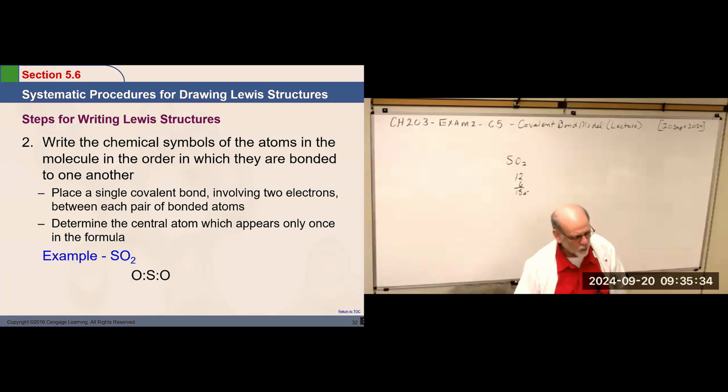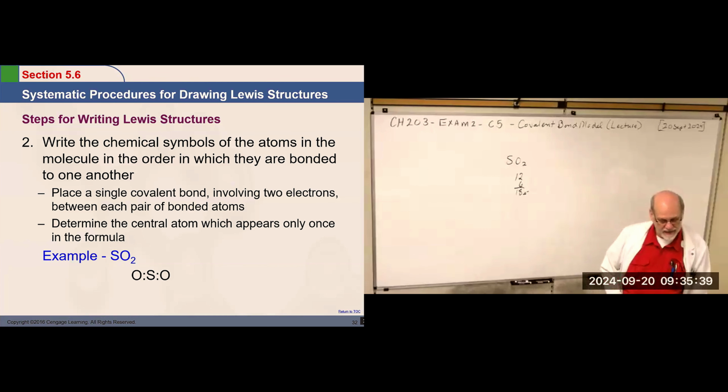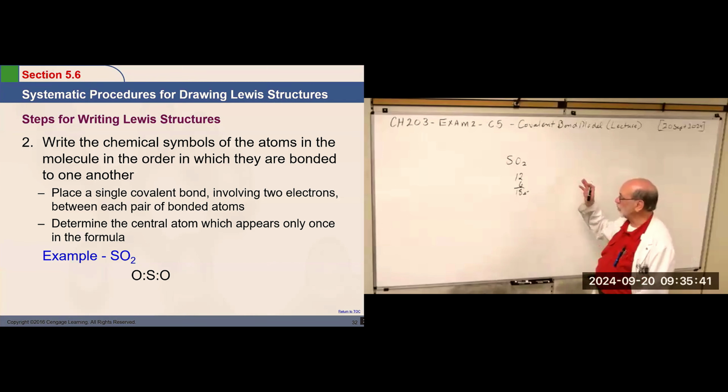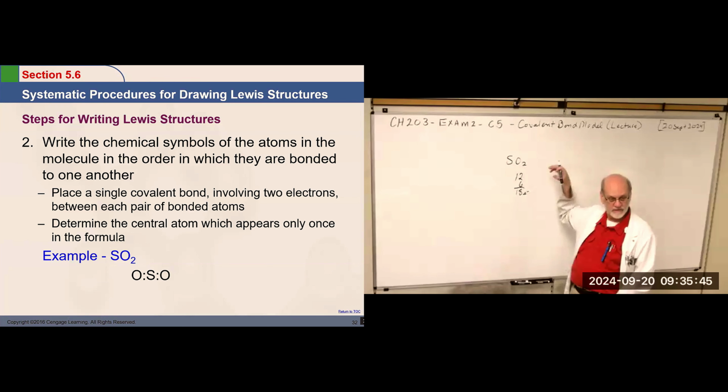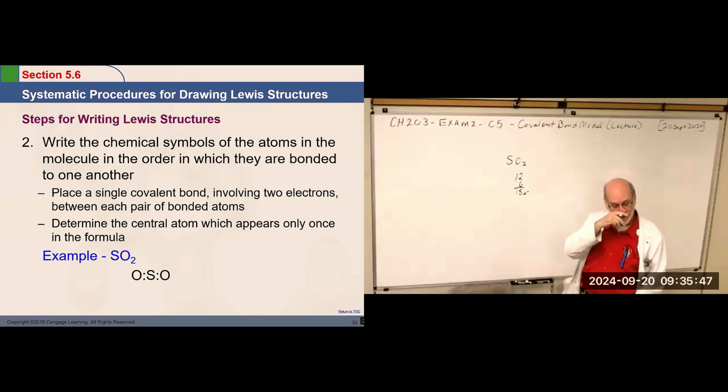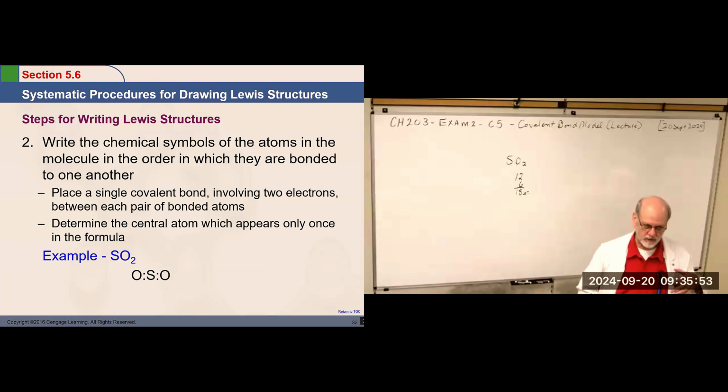Now we've got to decide which atom is in the middle, right? Should we put the sulfur on one end and let the oxygens hang off the right side? Or should we put the sulfur in the middle? If you're not told or shown how to do it, then the best thing to do is say which one is further to the left or below.